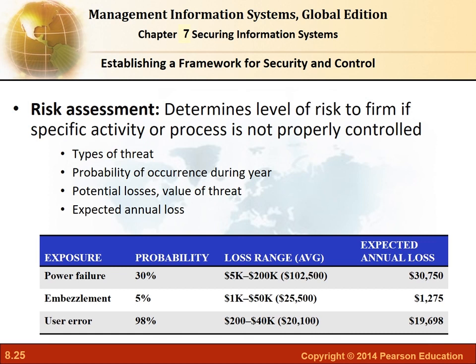The table illustrates sample results of a risk assessment for an online order processing system that processes 30,000 orders per day. The likelihood of each exposure occurring over a one-year period is expressed as a percentage. The expected annual loss is the result of multiplying the probability by the average loss.